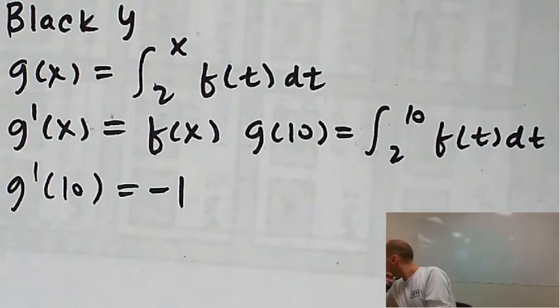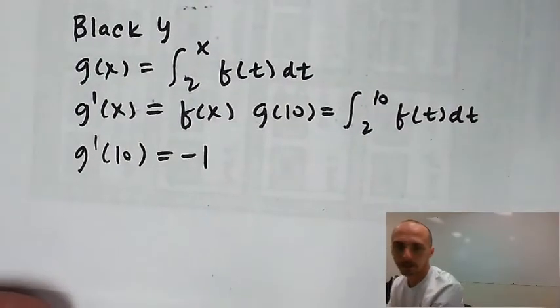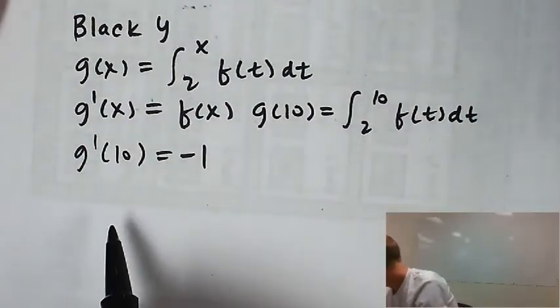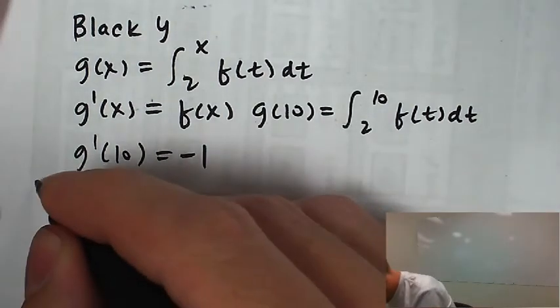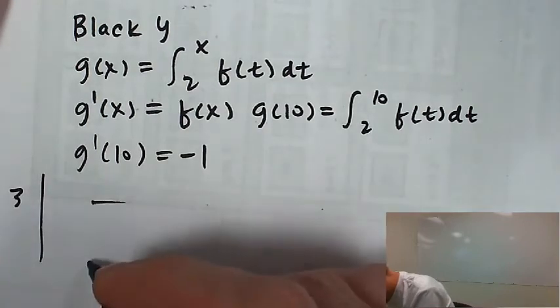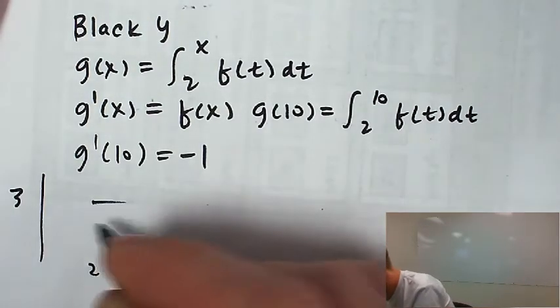Let's see, I'm going to need to zoom back a little bit. I'm going to draw you a little picture down here. At x equals 2, it's flat up at y equals 3, and that lasts for 1 x.